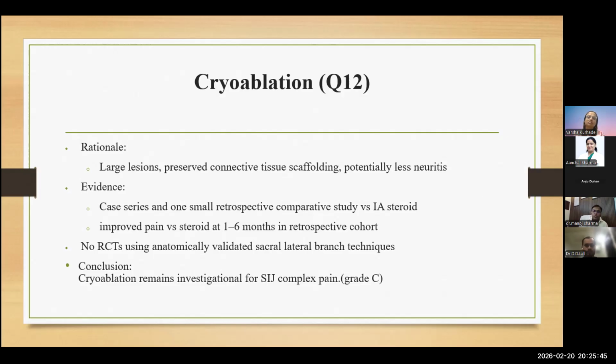There was one case series and one small retrospective comparator study comparing steroid with cryoablation, and there was no randomized control trial using an anatomically validated technique. So for SIJ complex pain, cryoablation has grade C evidence, so it should not be used.